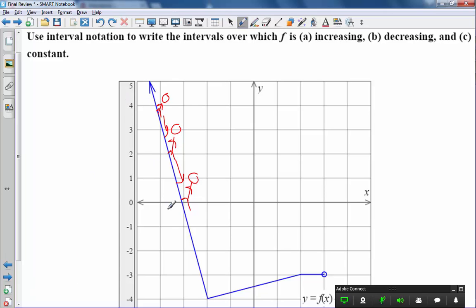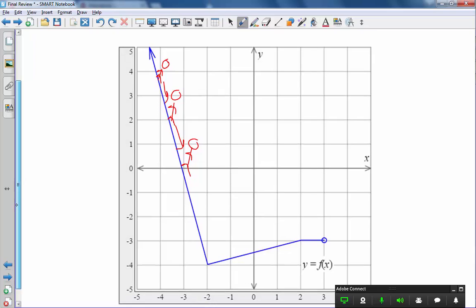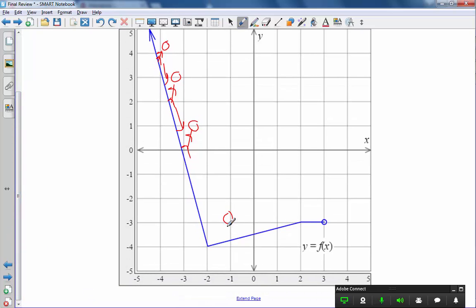This is a decreasing path. Here, when I'm going from west to east, what kind of change do you feel? Are you climbing up a little bit? Yeah, this is an increasing zone. How about here? That looks like a plain path. Seems like constant to me.